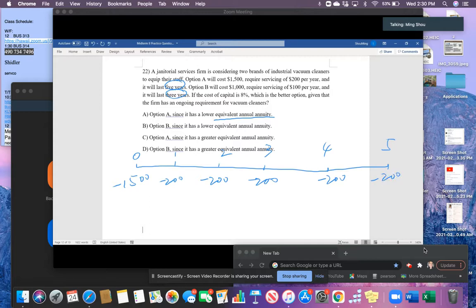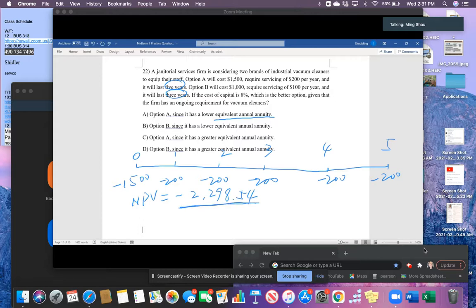To calculate the equivalent annual annuity, you first calculate the net present value of this cash flow, which will simply equal negative 2,298.54.